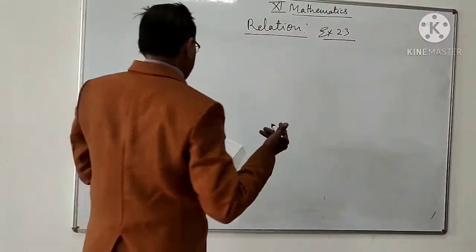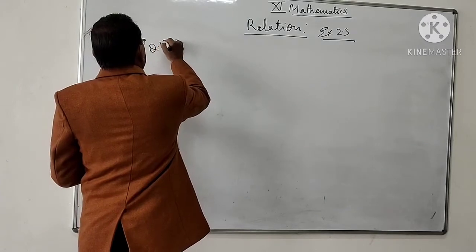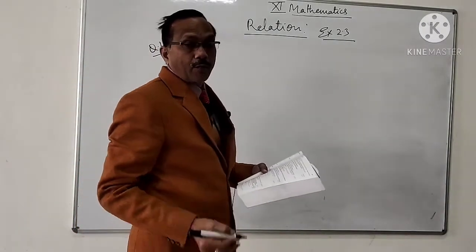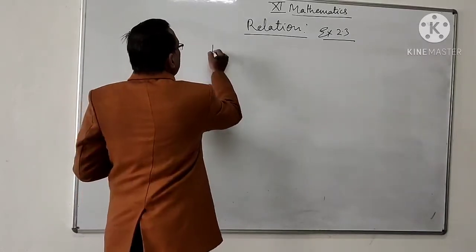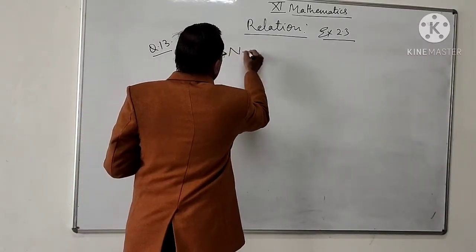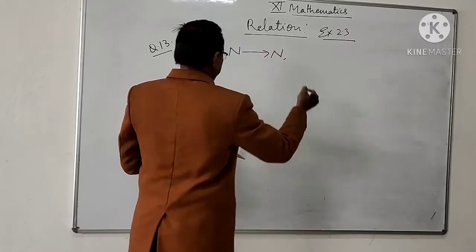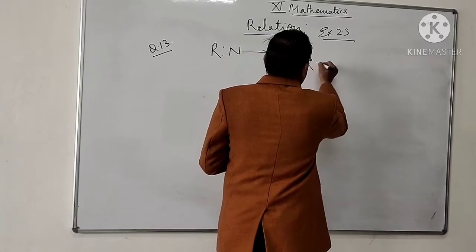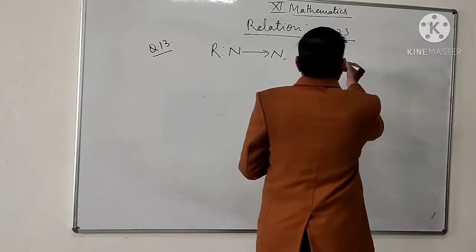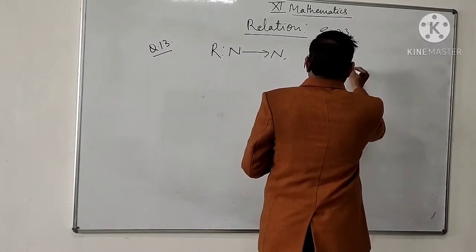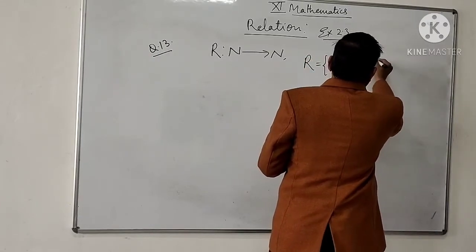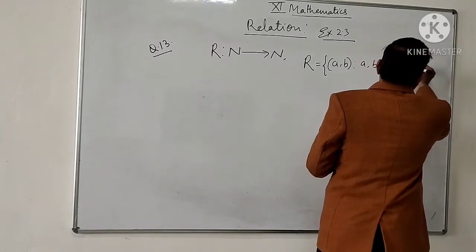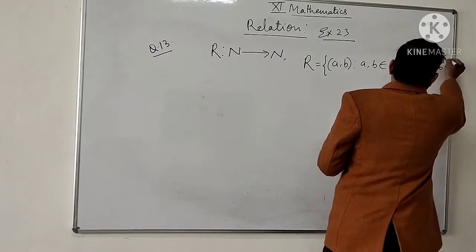Student, next is question number 13. Let R be a relation from N to N, from natural to natural, defined as R equal to the ordered pairs (A, B) such that A and B are natural numbers and A equals B square.